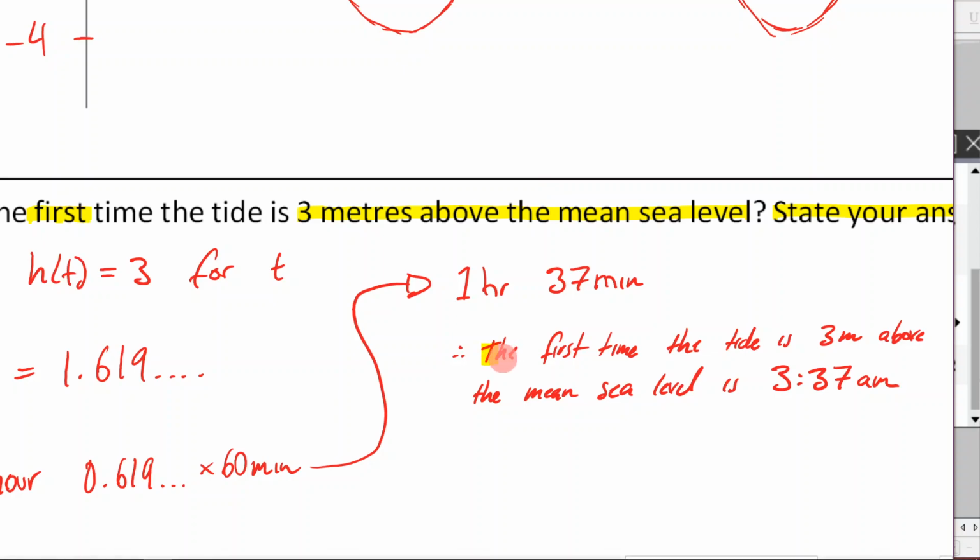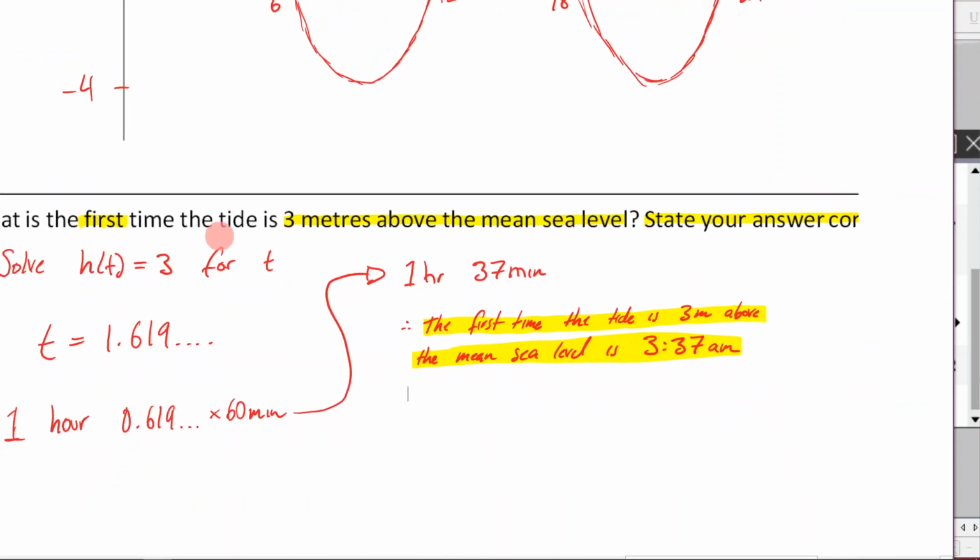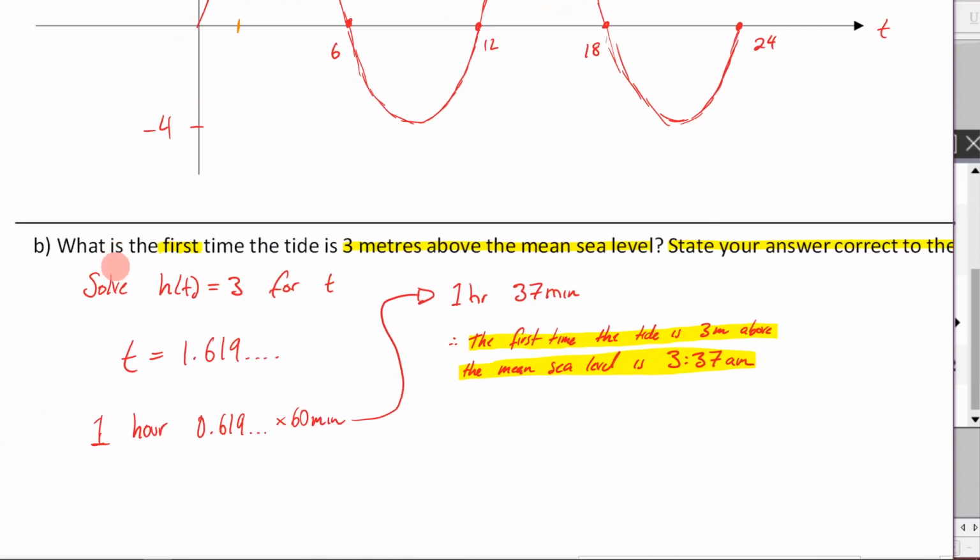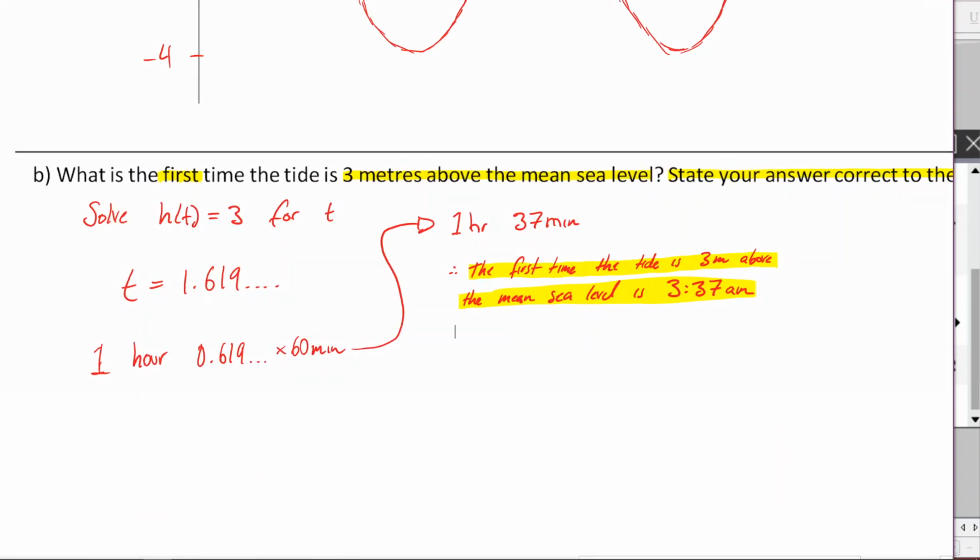So remember, we have to start at 2 a.m. and then count 1 hour and 37 minutes up. So that is my answer there. Perfect. So hopefully you're able to use the solve function of your CAS effectively to get that answer.